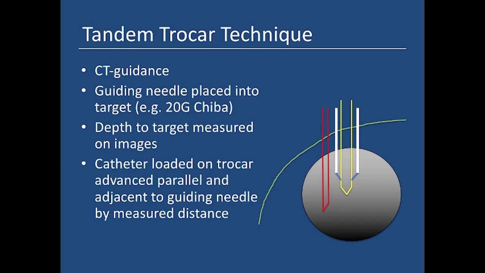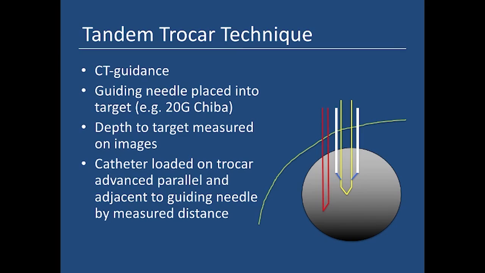With a tandem trocar technique, a small needle such as a 20-gauge Chiba is first advanced into the target using CT guidance. The thinking here is that it's quite difficult to cause major injury if you inadvertently hit liver or go through small bowel.